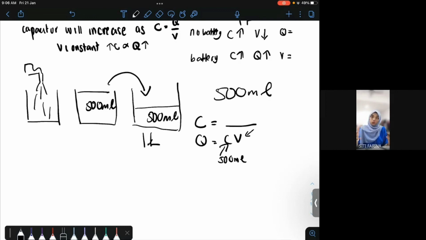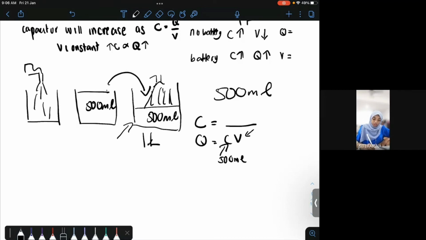Konsep dia macam tu untuk charge dengan kapasitor. Cara nak relate charge dengan kapasitor. So insert dielectric, nilai charge tu tak akan besar sebab you have only stored that much sahaja. Okay? Tapi kalaulah kamu tak tutup pipe, tadi tu kamu buka pipe, kamu tak tutup, kamu tukar botol, apa yang akan jadi adalah bila dah tukar pergi 1 liter, lepas kamu isi 500, dia akan continue to pour the water.